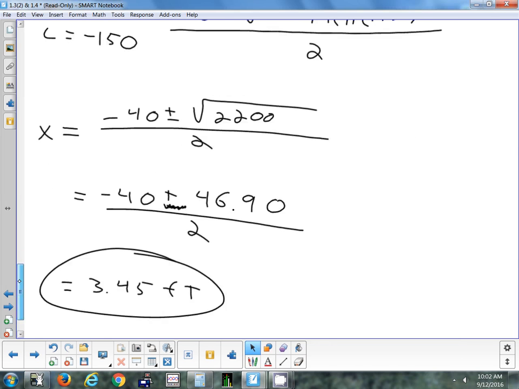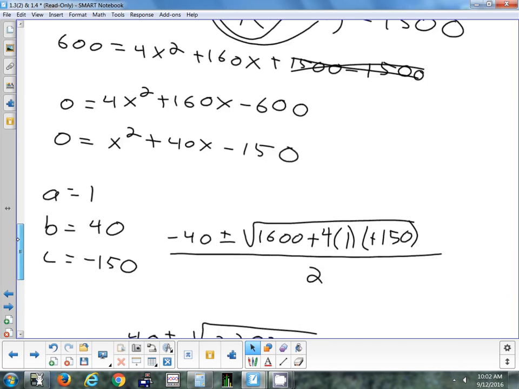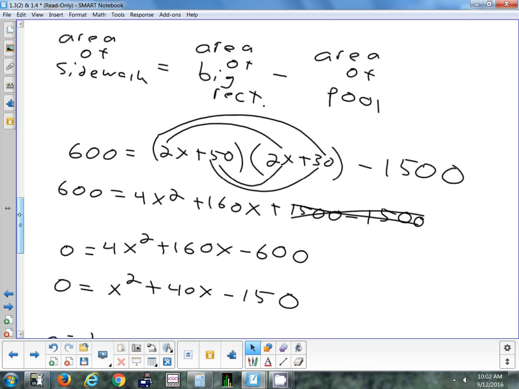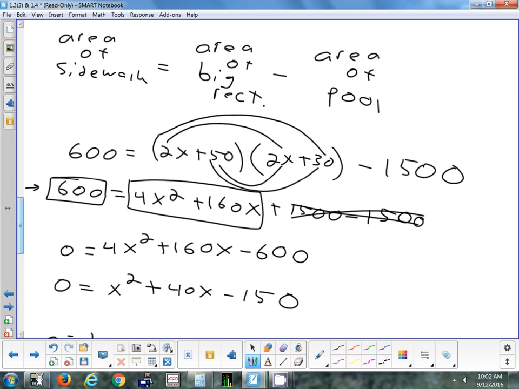Okay. For the graphing calculator method, I don't use quadratic formula. So I could use any of these last 3 equations on my calculator. I'm going to use this one. I'm going to look at the left and the right as 2 separate graphs.